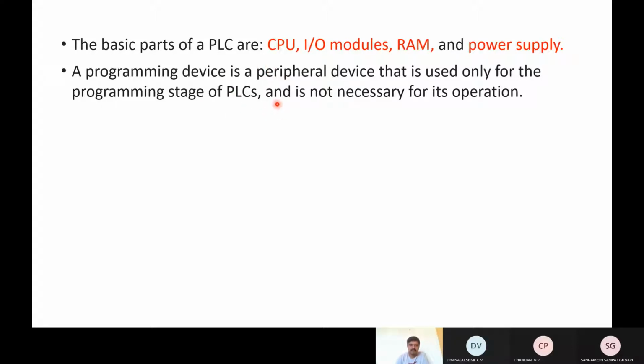When required, you connect it to the PLC, do the programming, then disconnect it. Or you can do programming on a PC where there will be particular software for a particular PLC. You can do programming on that software and it can be fed to the PLC.